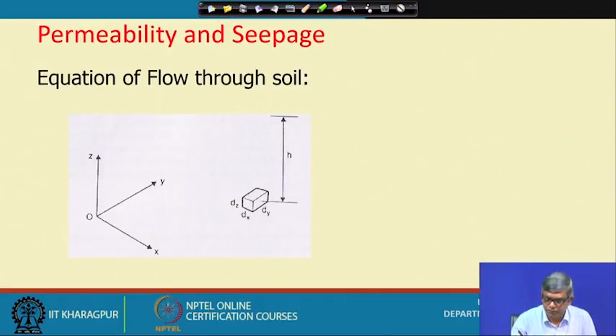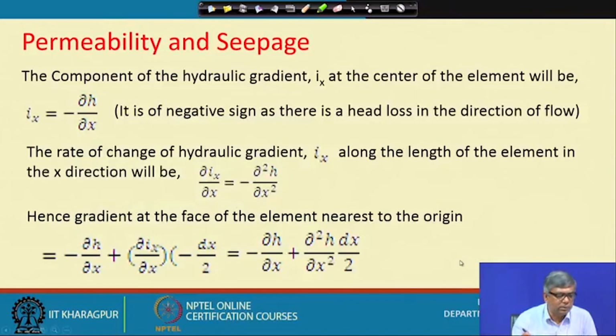And this is the flow. When this flow is taking place in the x direction, we can say there are three hydraulic gradient components, Ix, Iy and Iz, at the center of the element.